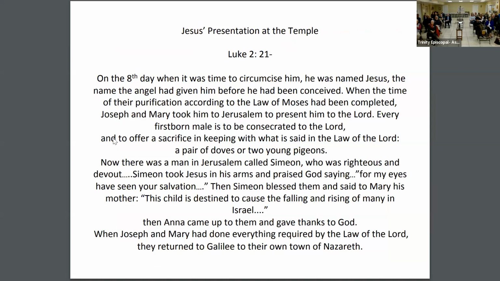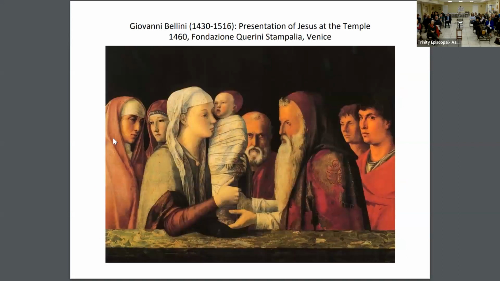The next thing in Luke is the presentation of Jesus at the temple, and this is on the 8th day, the circumcision. And this is the scene with Simeon and Anna, the old priestess. The first one is Giovanni Bellini, and this is Renaissance, kind of late early Renaissance, and I think this is just beautiful.